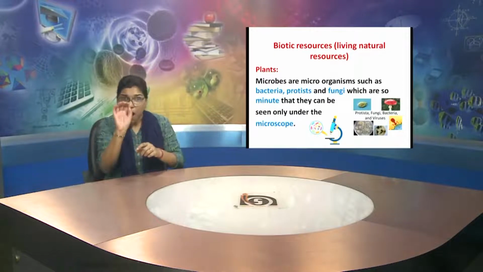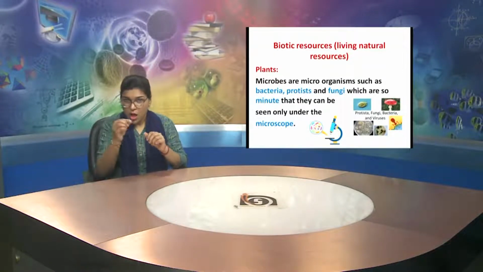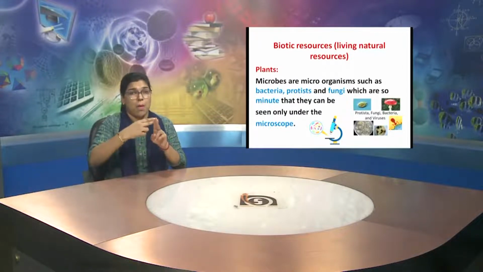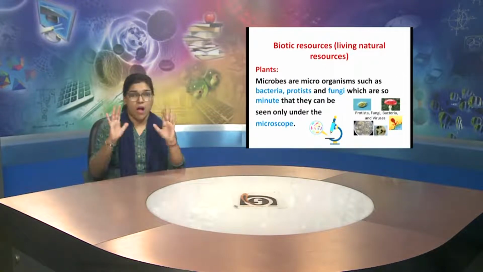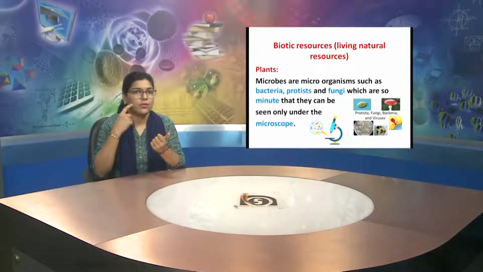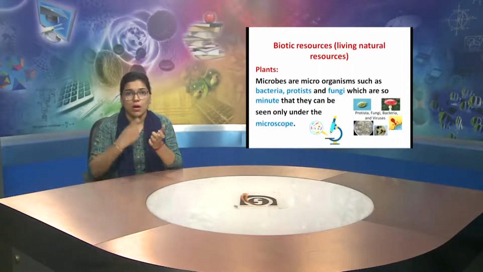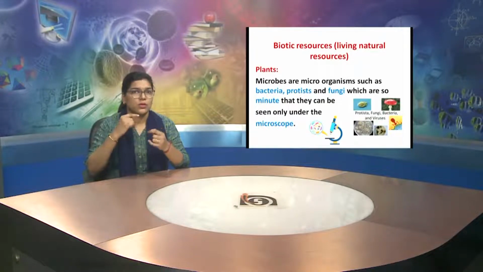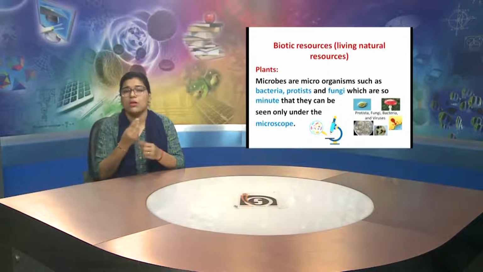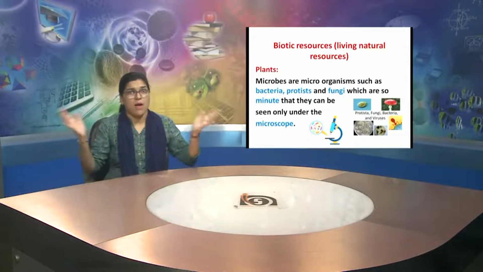We know that microbes are the microorganisms such as bacteria. There are various organisms which are very small, but these are a few names you should be aware of. The first one is bacteria, second is protists and the fungi.